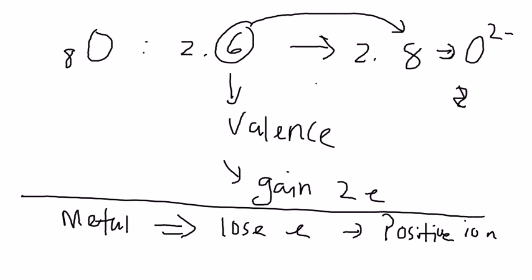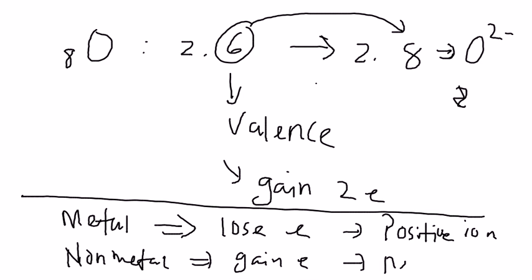Metals always lose electrons to form positive ions, and non-metals always gain electrons to form negative ions. I will talk more about the formation of negative and positive ions in the next lesson. Alright, that's all.